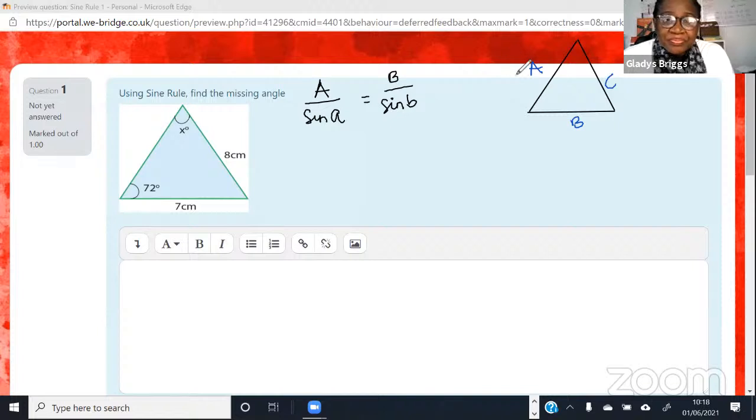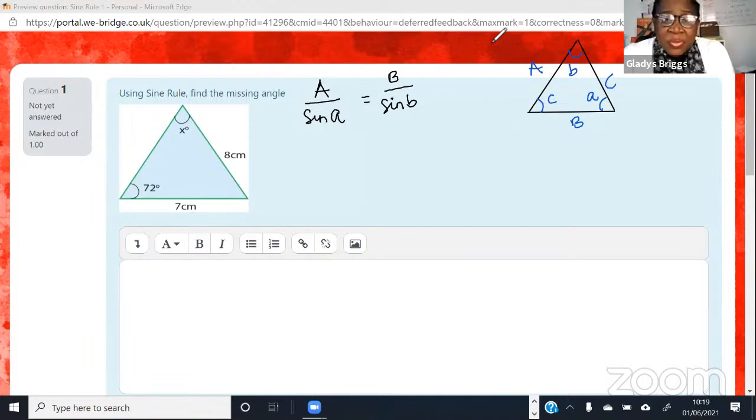Then the angle that is facing the side a is angle A, yeah? The angle that is facing this side is angle B. And the angle that is facing this side is angle C, yeah? And then you have the a over sine A. This length over the sine of the angle is equal to another set of ratios, this length over the sine of the other angle.